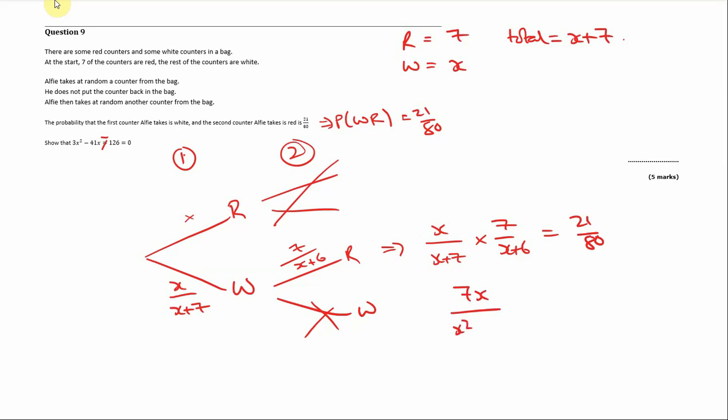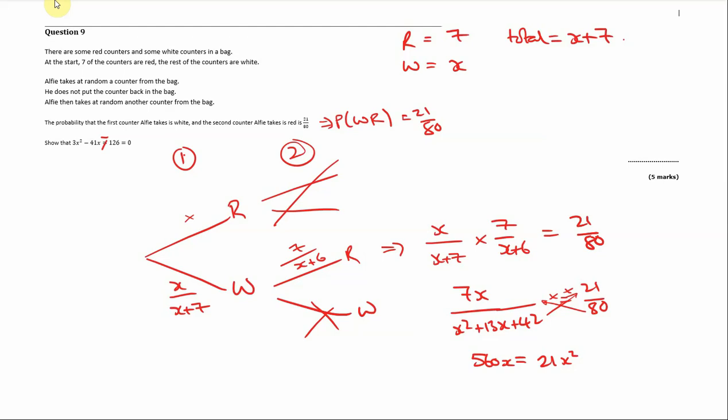So again, let's sort this left side out. 7x over x squared plus 13x plus 42 equals 21 over 80. So I'm going to cross multiply. So 80 times 7, which is 560x, and 21x squared.